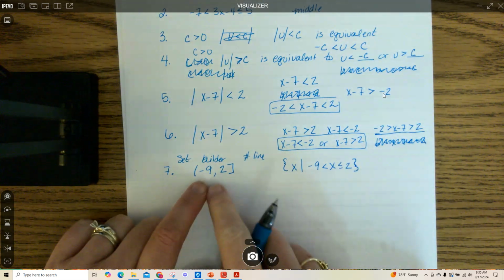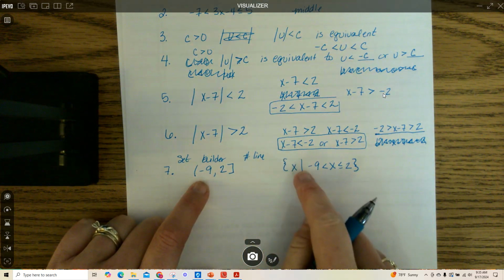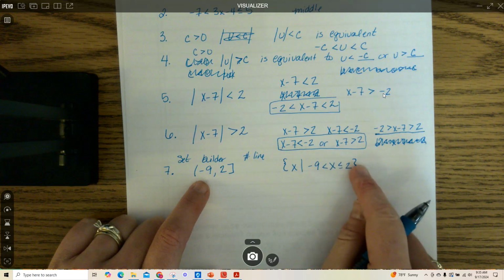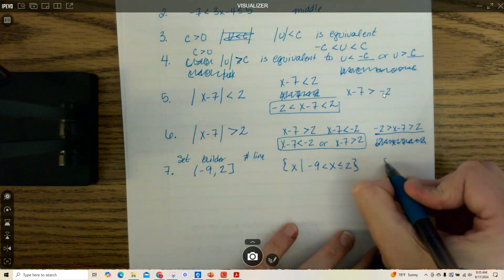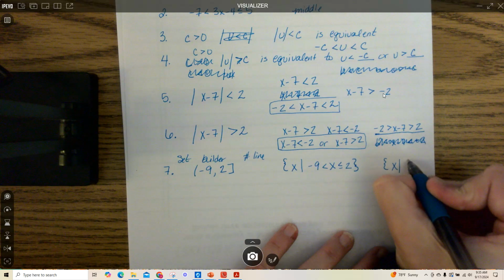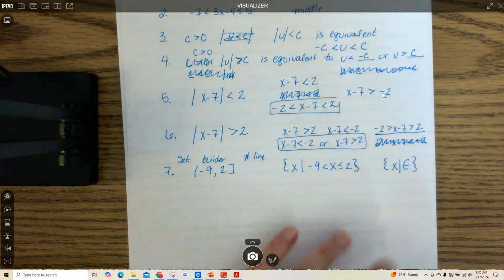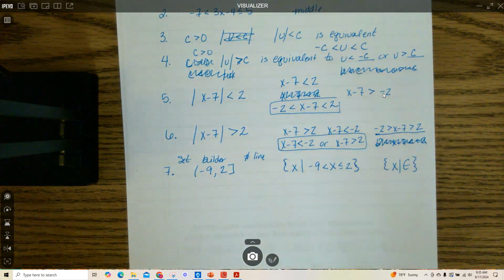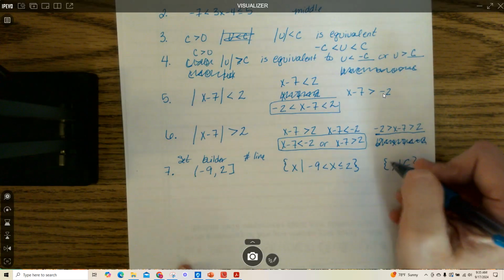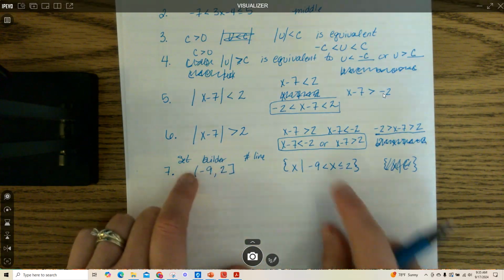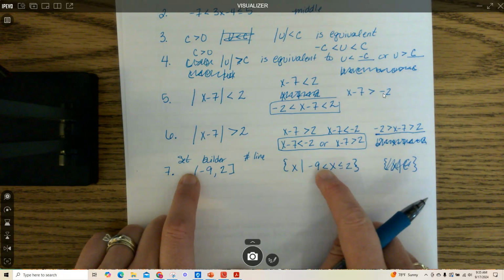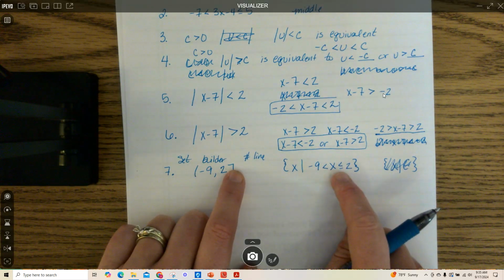The x is a member of the set, and then that's your set. Sometimes if it's all real numbers, you write x as a member of the set of all real numbers. But I think all you have to put in is this: open parenthesis, inequality sign without a line; bracket, inequality sign with a line.